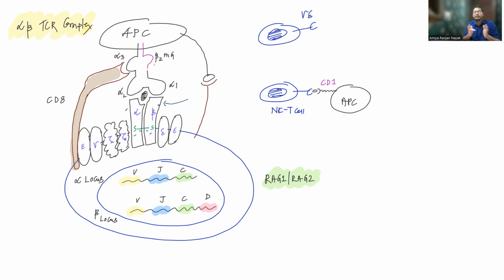But along with alpha beta, we will find various other proteins like CD3 proteins. This epsilon gamma is one CD3 protein. This epsilon delta is another CD3 protein. They will also have a dimer of eta chains.